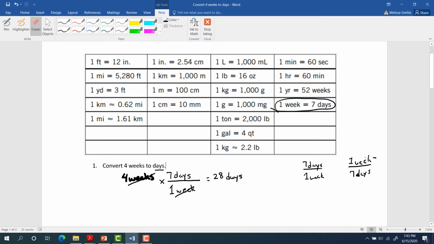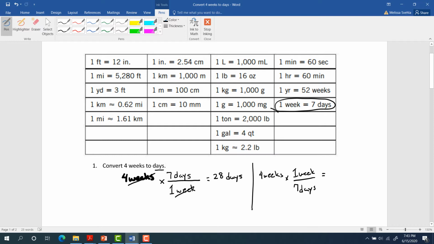Now, if I try the other way, if I flip the fraction around, it's not going to work. So let's say I did 4 weeks and I flipped it. Now, why would this be wrong? Because I'm looking at my units.